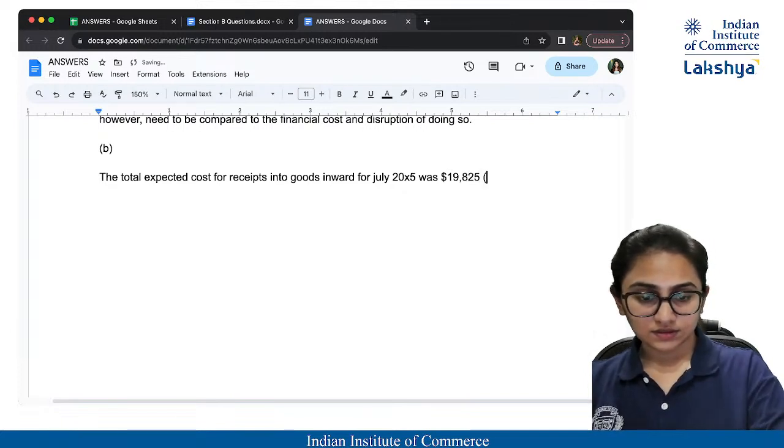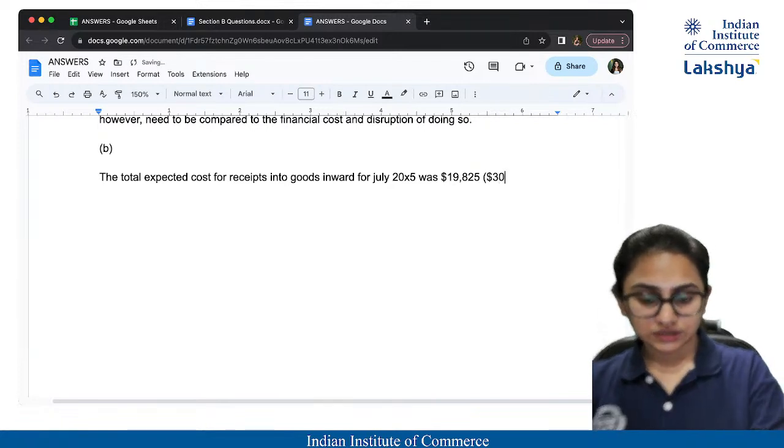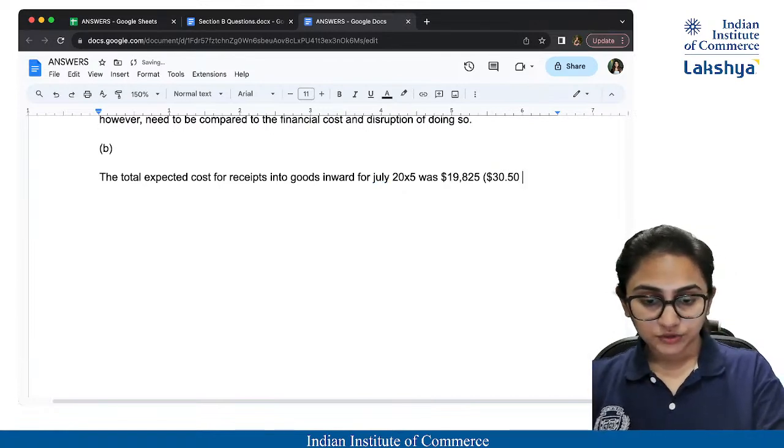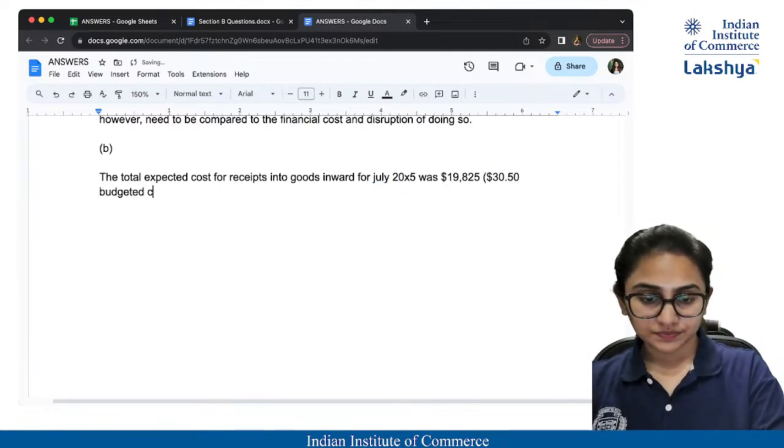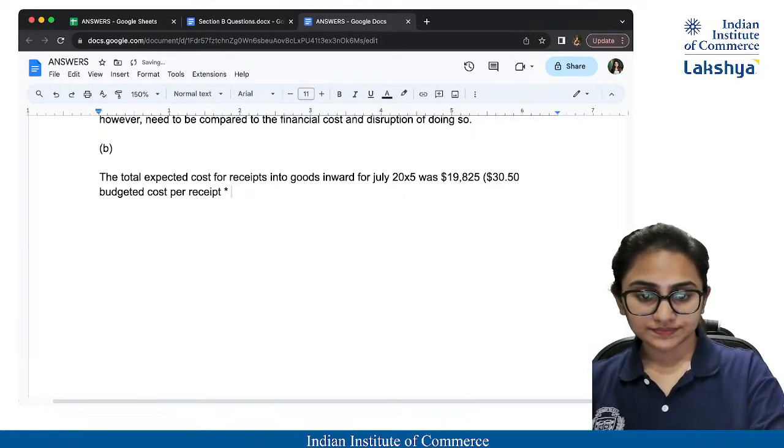That is $30.50 budgeted cost per receipt into 650 receipts.